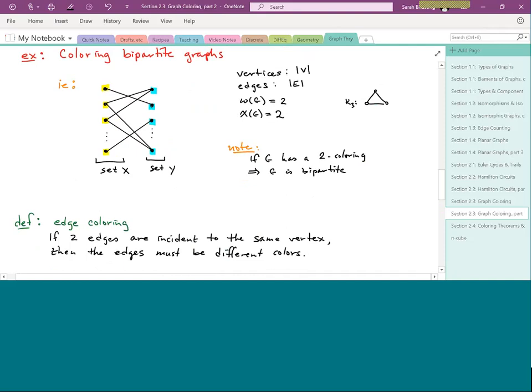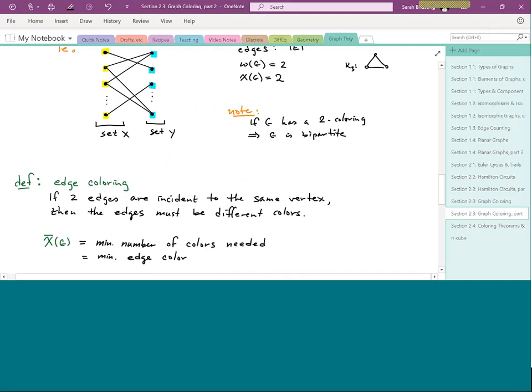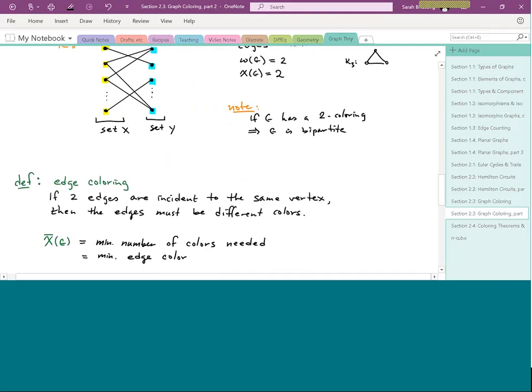Now, just like we have the chromatic number with regular colorings, we're going to have an edge chromatic number as well. And the symbol is almost exactly the same. It looks exactly like the chromatic number symbol, except there's a line up top. You could actually use cliques, but with edge coloring, people typically use degrees instead.